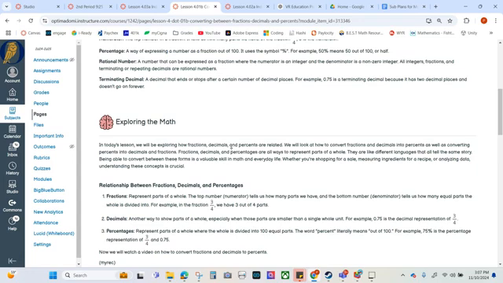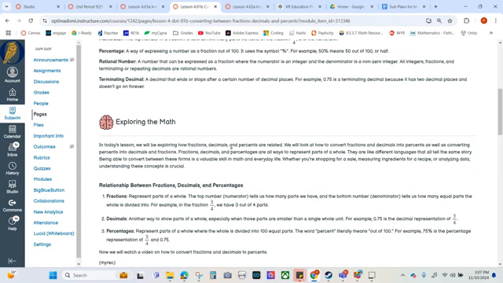For example, the fraction 3/4, we have 3 out of 4 parts. Like if you had a pizza that was cut into 4 pieces and you ate 3 of those pieces, you ate 3/4 of that pizza. You have 3 of the 4 pieces in your tummy.